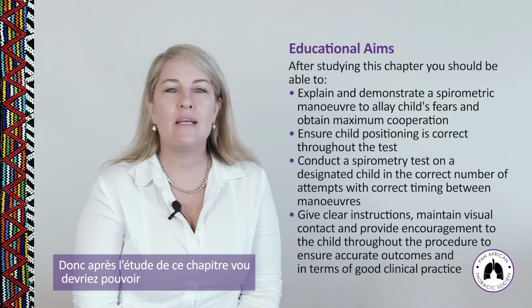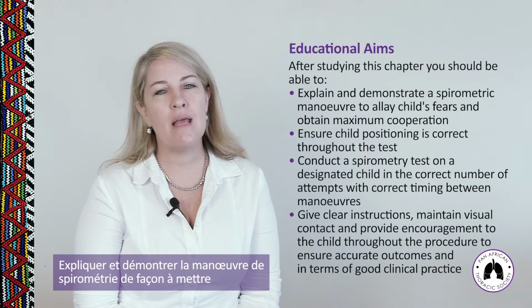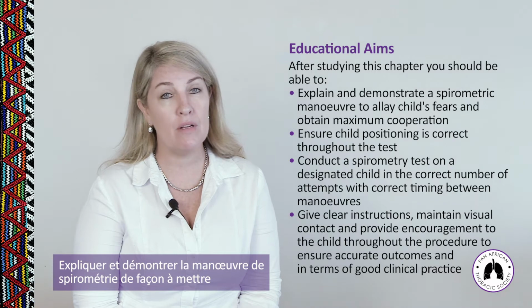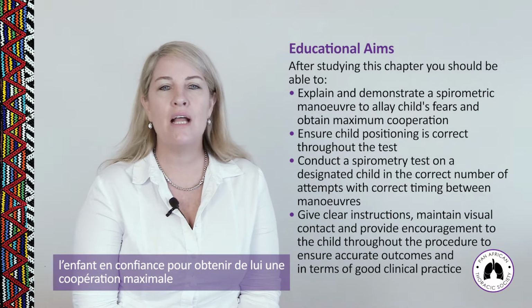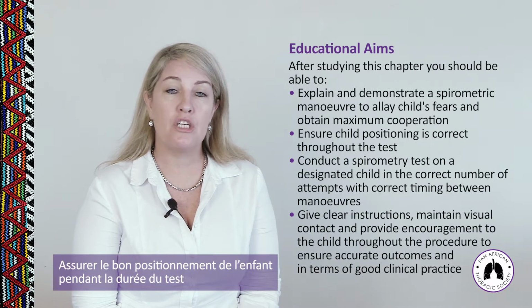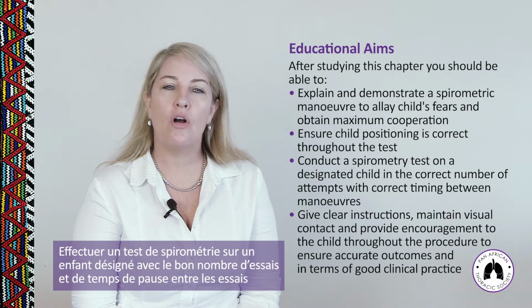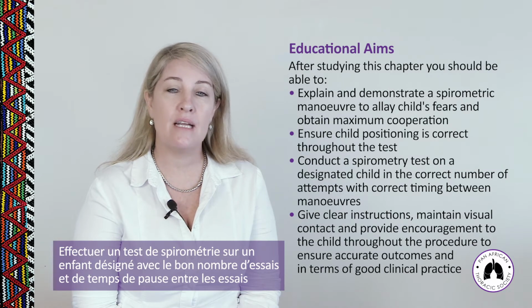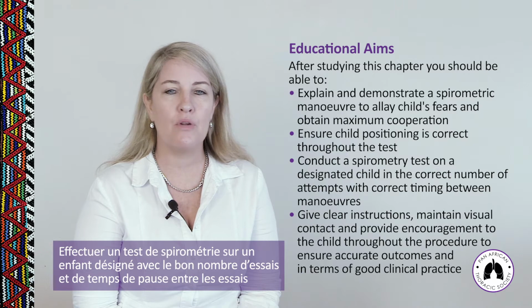So after studying this chapter, you should be able to explain and demonstrate a spirometric maneuver to allay a child's fears and to obtain a child's maximum cooperation. Ensure child positioning is correct throughout the test. Conduct a spirometry test on a designated child in the correct number of attempts with correct timing between the maneuvers.